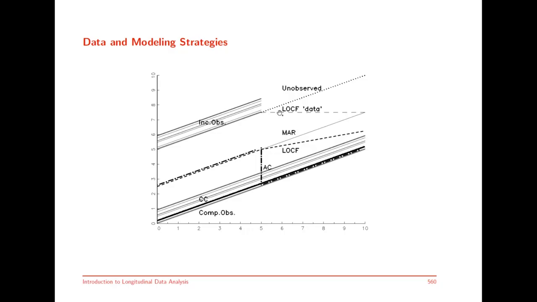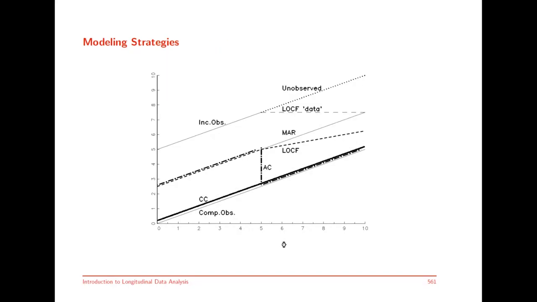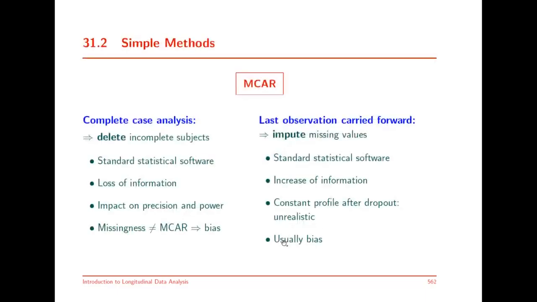LOCF would carry forward the incomplete patterns, and even though everything is increasing over time, you ignore that and the LOCF prediction would be flat. Whereas under MAR, you would have actually a prediction that is still sloping upward. That happens again automatically, and that in this case would be a better thing to do.